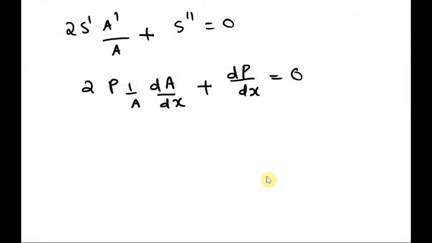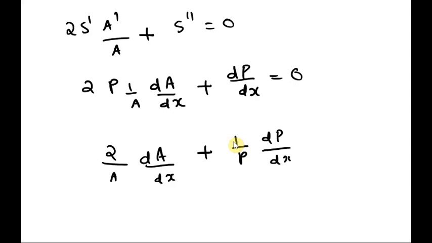Now to solve this equation, I will divide these entire terms by p. That will give you 2 divided by a dA by dx plus 1 by p dp by dx equal to 0.